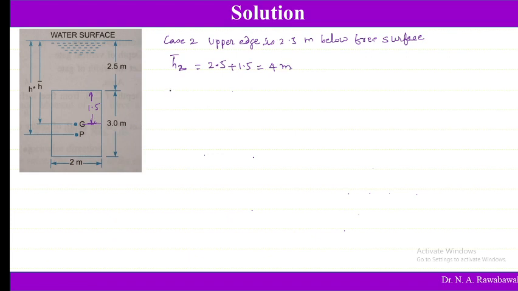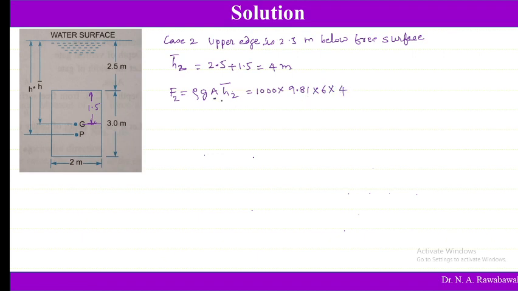Now to find out the total force, we call this F2 now. F2 is equal to rho G A H bar 2. So rho we know is 1000, into G is 9.81 meter per second square, into area is 6, into H2 bar is 4.